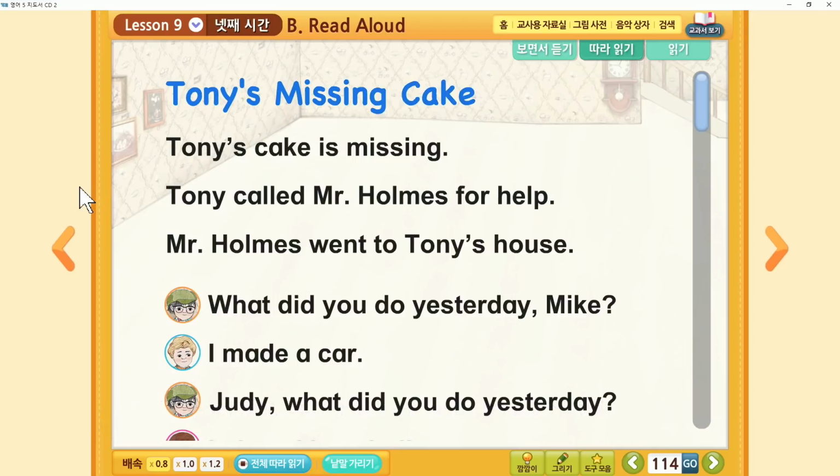Tony's Missing Cake. Tony's cake is missing. Tony called Mr. Holmes for help. Mr. Holmes went to Tony's house. What did you do yesterday, Mike?